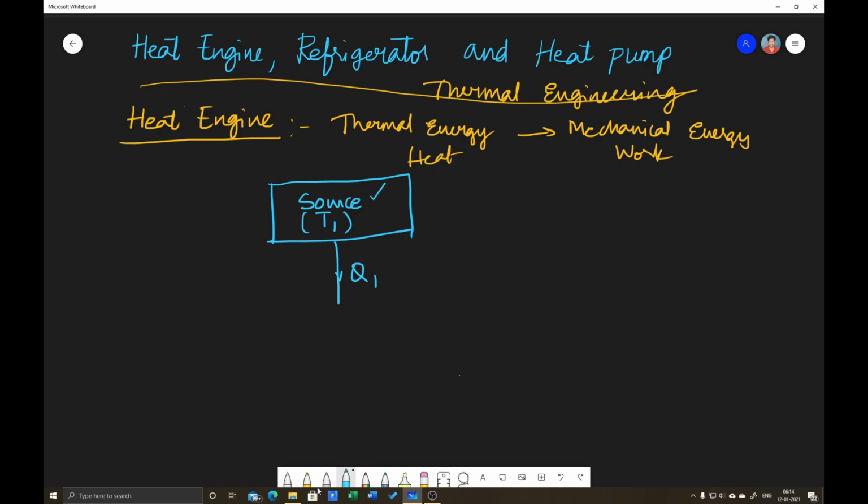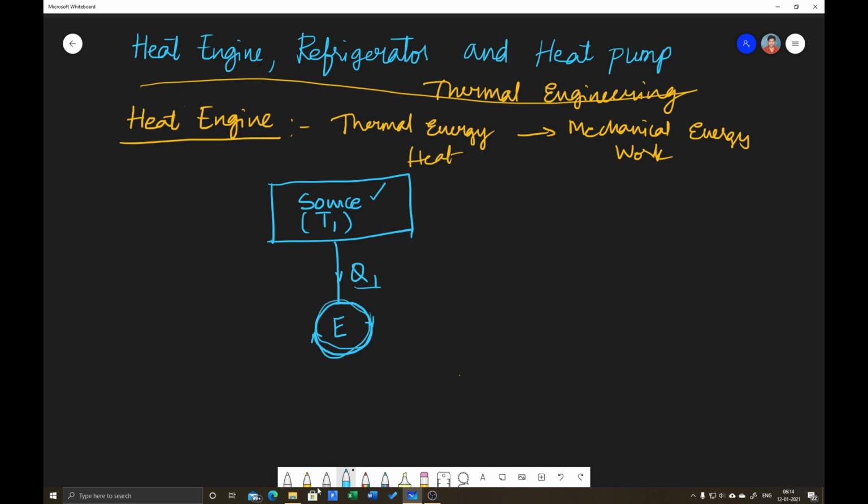That is the property of a reservoir. That is here the source. It will give the heat, and an engine defined by letter E undergoing a cyclic process.